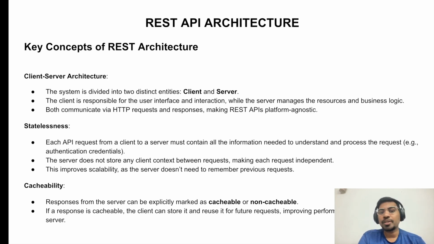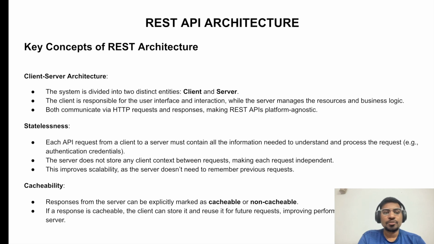We have multiple methods of authentication, which we will learn in the next video. So each API request must contain this type of information that your server requires to provide the response.